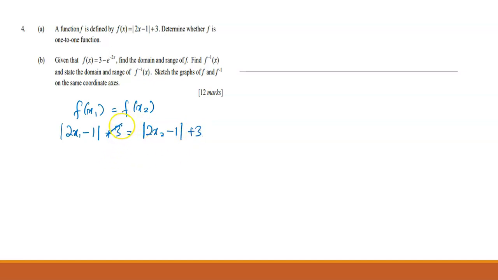So let's bring up here 3 minus 3, so 3 minus 3 equal to 0. And class, for this, modulus of f(x) equal to f(x) when f(x) is greater than or equal to 0, and negative f(x) when f(x) is less than 0.